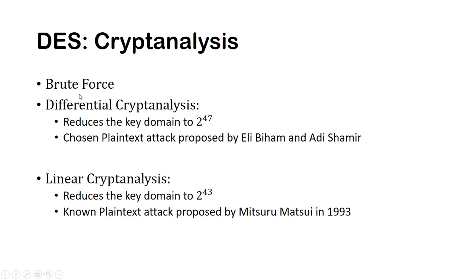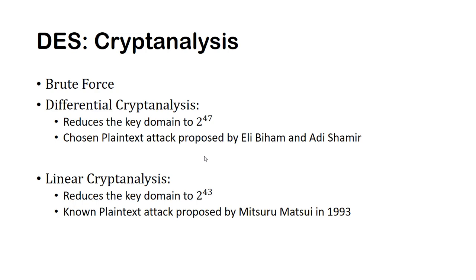So you see that even after the application of differential and linear cryptanalysis, the key domain is not reducing considerably. There is an improvement by a factor of 2 raised to the power 12 over here, and by a factor of 2 raised to the power 8 over here, right? But it is again not a very significant improvement. Brute force can be performed, yes.